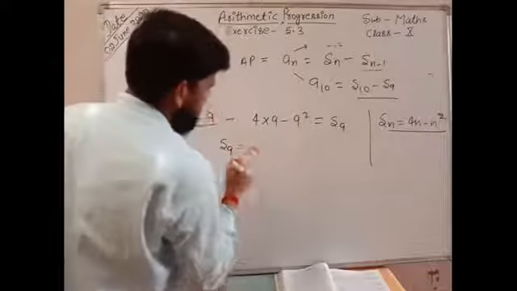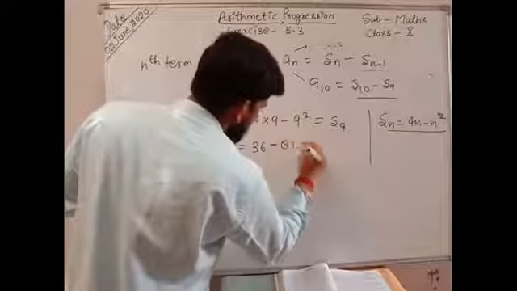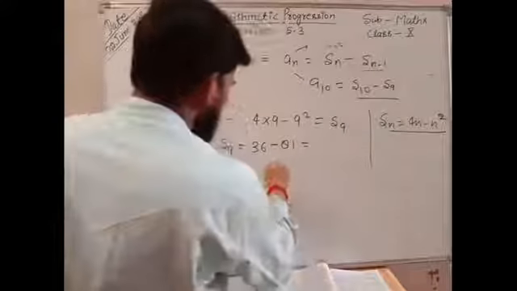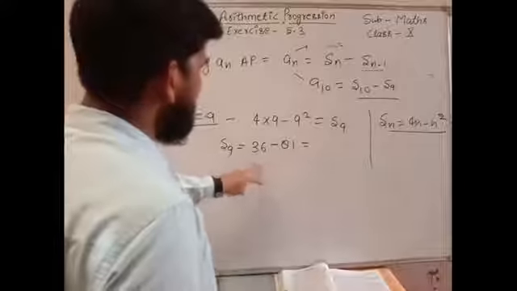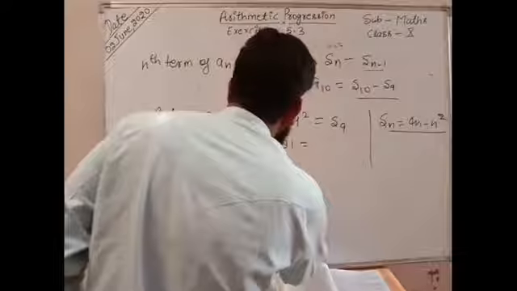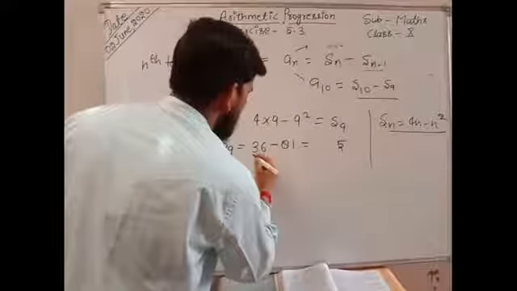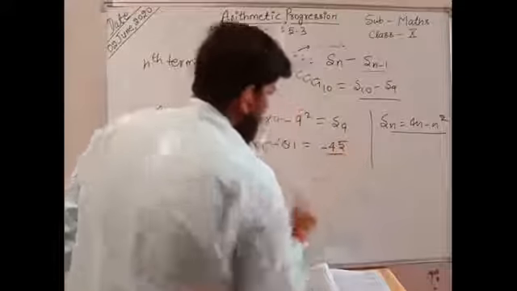So S9 is equal to 4 times 9 is 36, 9 times 9 is 81. Now subtract 81 from 36. So this is equal to minus 45.